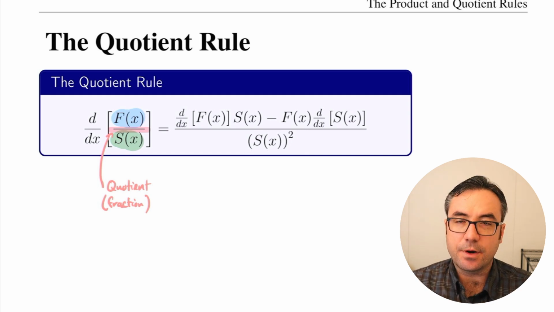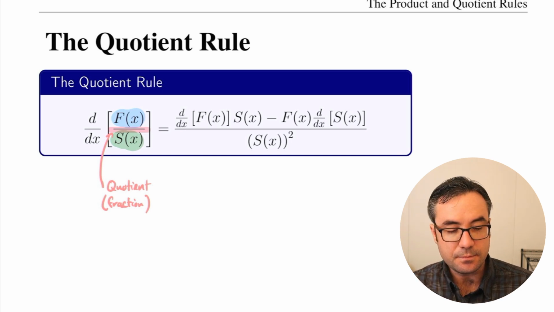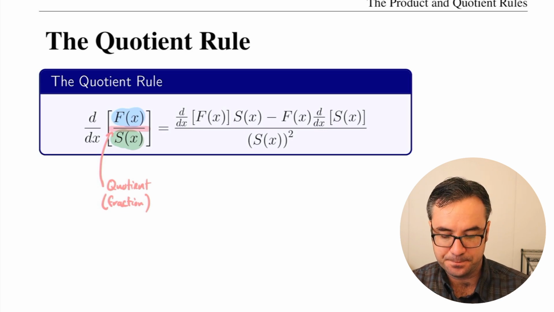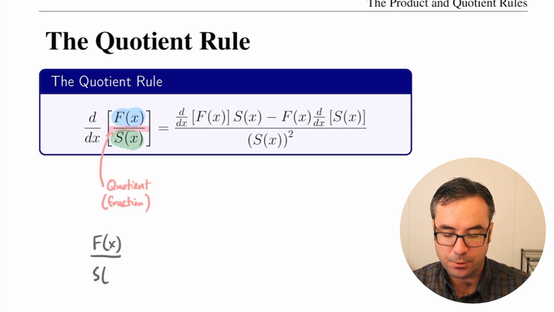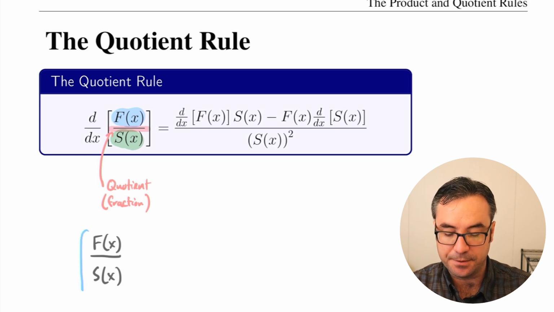And so the way we're going to implement the quotient rule is going to be very similar to how we did the product rule. So let's look at the shorthand notation that we're going to use. We have our fraction, and we're trying to differentiate this whole thing.